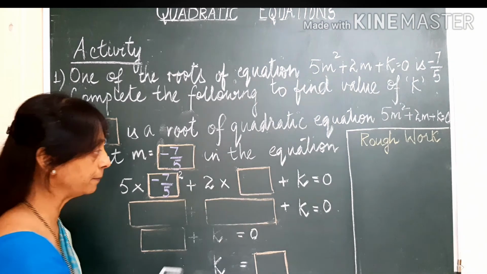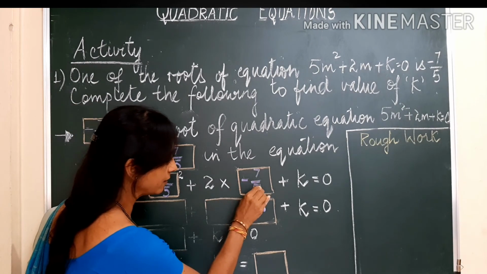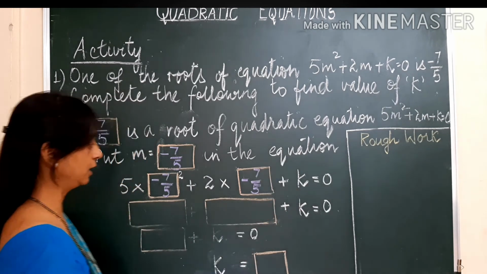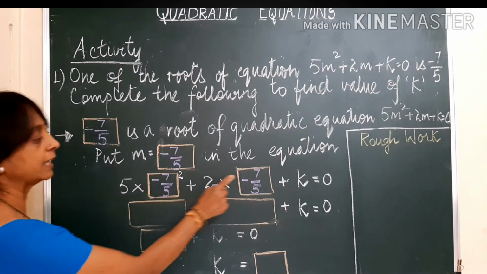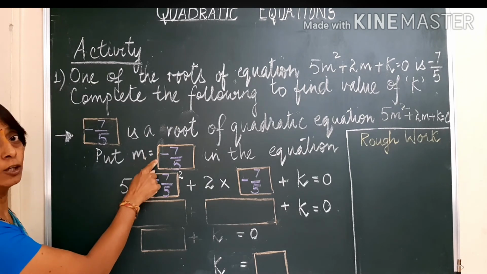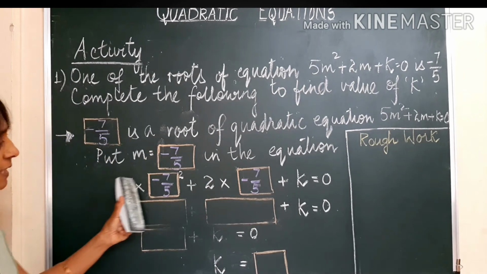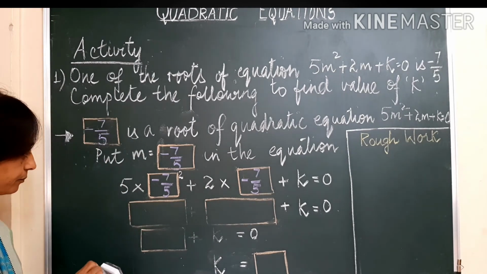Again the value of m is minus 7 upon 5 plus k is equal to 0. So what did we do in this second statement children? Wherever there is m, we have substituted the value of m, which is given as minus 7 upon 5. Let's continue to solve this and fill up the next boxes.